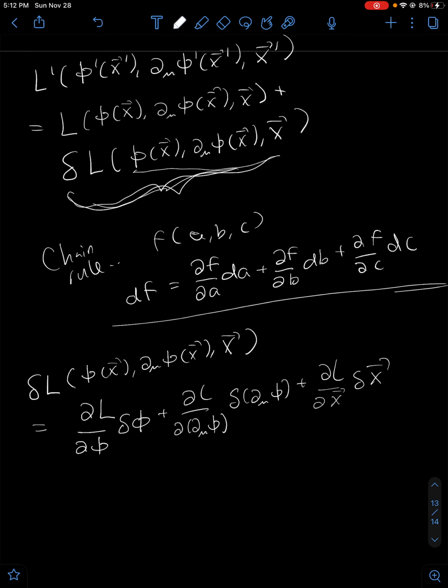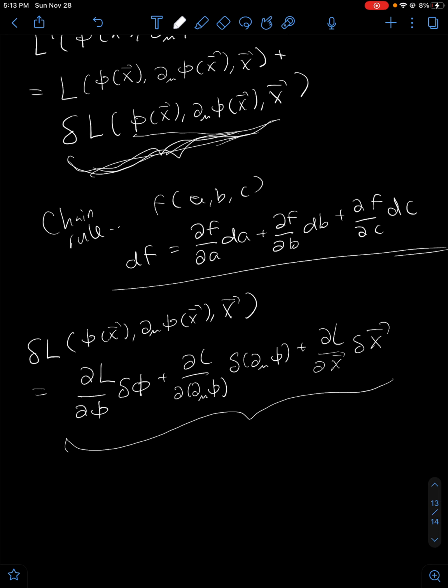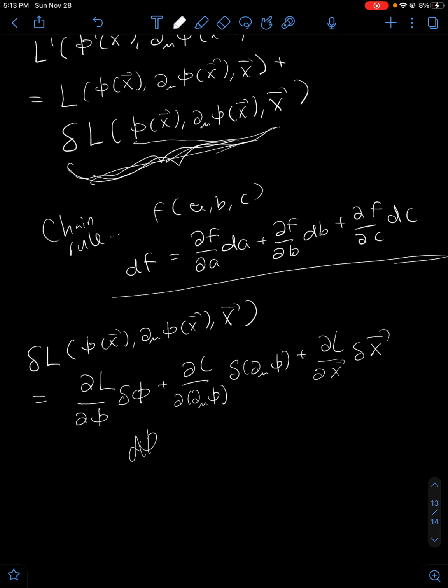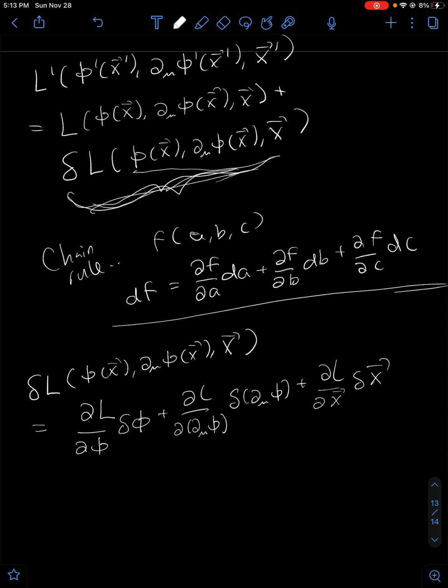Okay, so all we're doing here is expanding this with the multivariable chain rule. Technically speaking, we'd have to use a Taylor series, but since we're dealing with an infinitesimal translation, the Taylor series and the multivariable chain rule are exact. By the way, I didn't use d phi because I'm just using the notation delta instead of d. So this is the delta L, right?